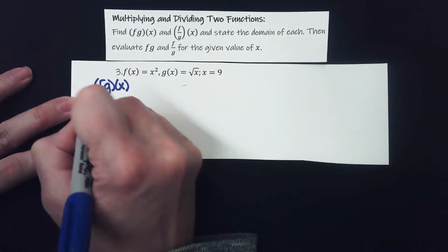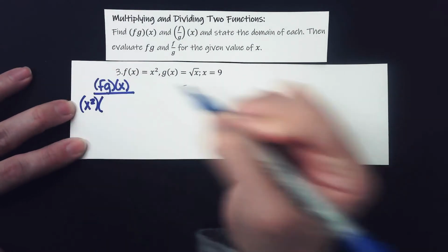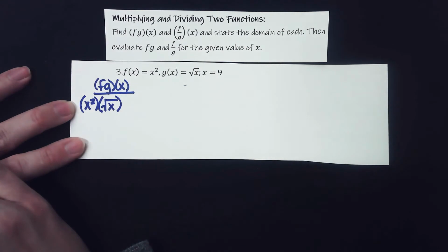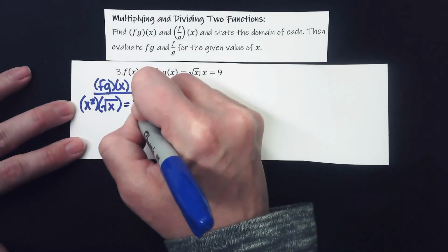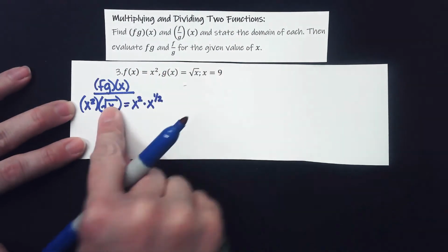Okay, so I'm going to take x squared and multiply it times the square root of x. So this is the same thing as saying x squared times x to the 1/2. 1/2 and square root are the same.